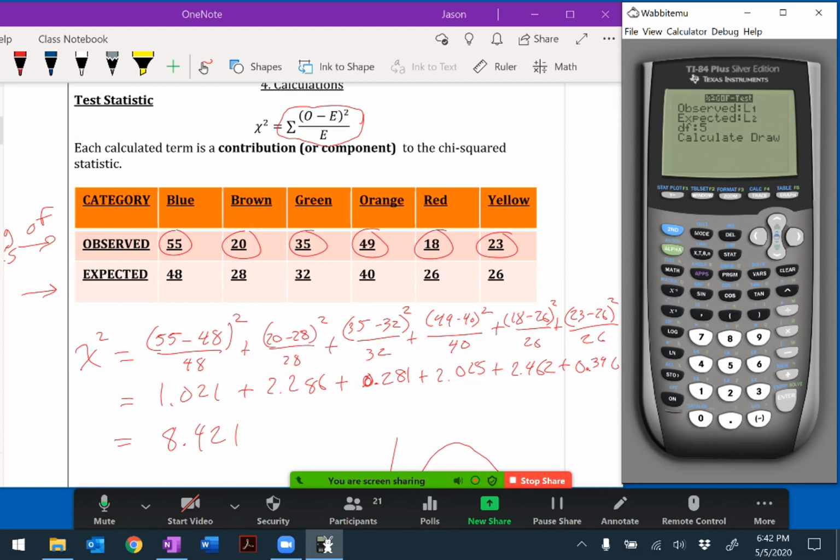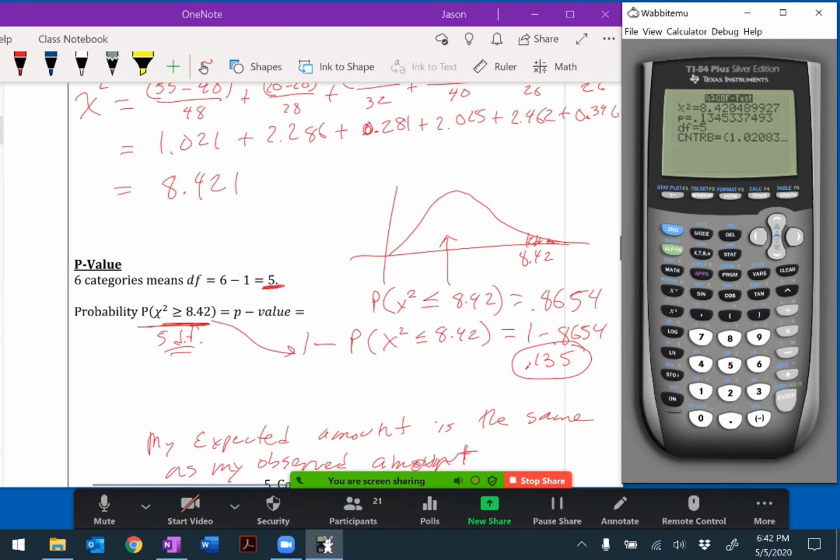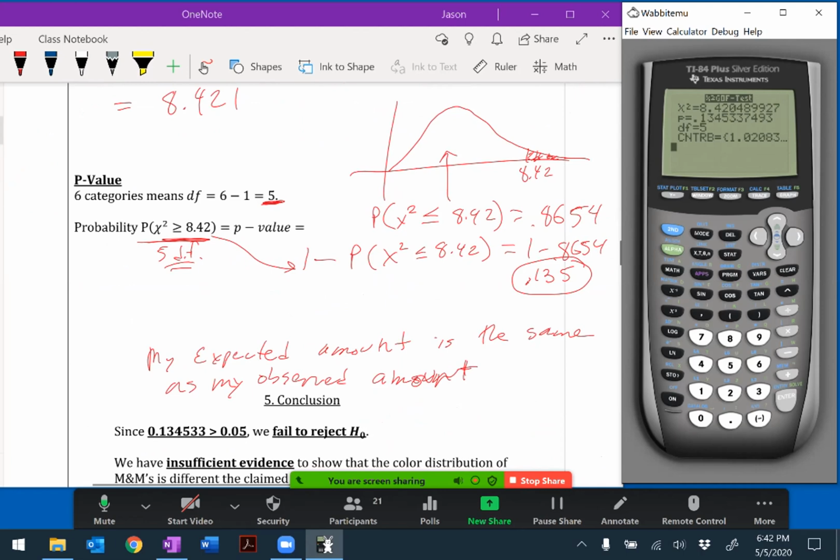Degrees of freedom: 5. I calculate, and my chi-squared is 8.42 and my p-value is 0.1345.